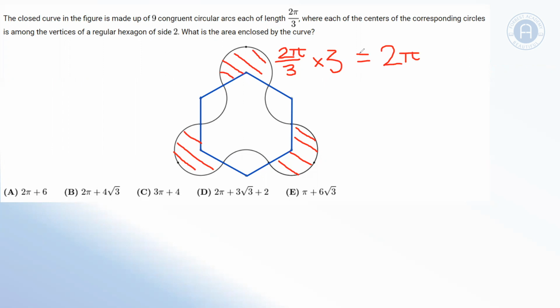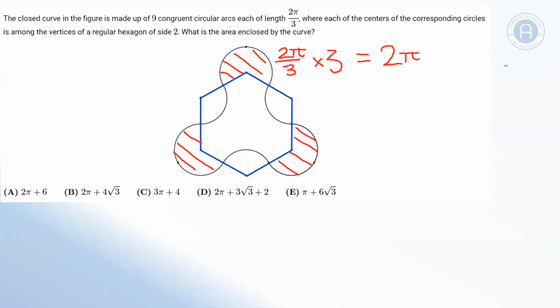Now inside the hexagon, things are slightly more complicated, but the way we could work this out is by working out our entire hexagon area and subtracting our 3 sections here. To do that, we need to work out the area of our hexagon.